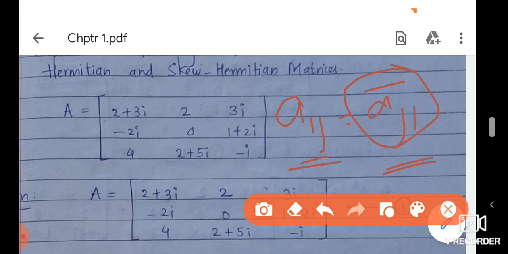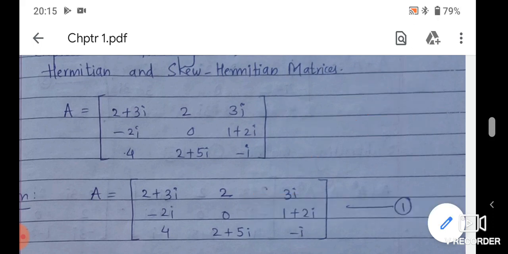In short you're talking about the transpose of a conjugate matrix. Aij is same as Aji means it is a transpose, then we are taking the conjugate also. So we are talking about the transpose conjugate of a matrix. So here we'll take that only. We'll find the transpose conjugate of the matrix.